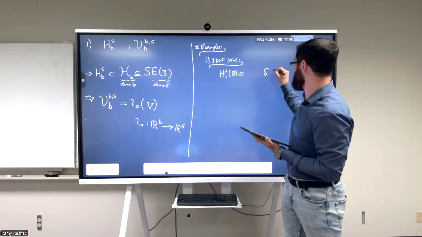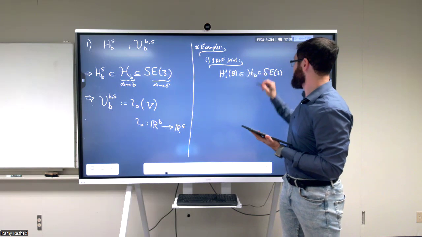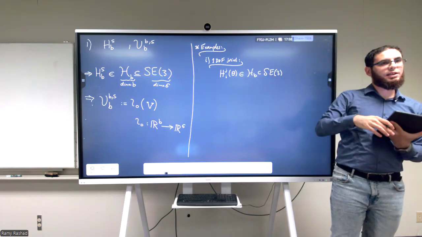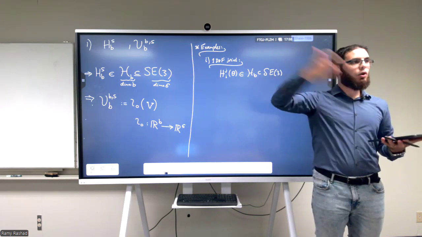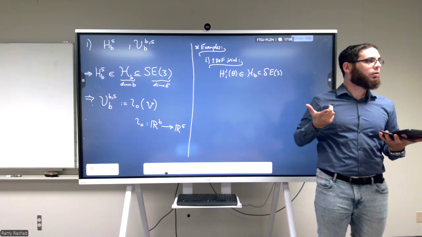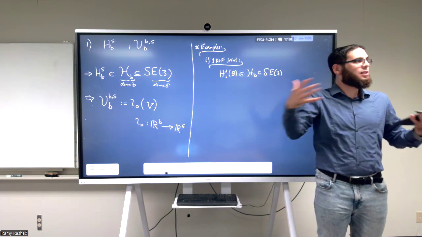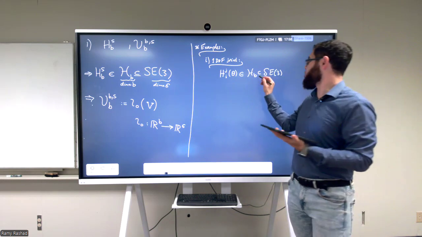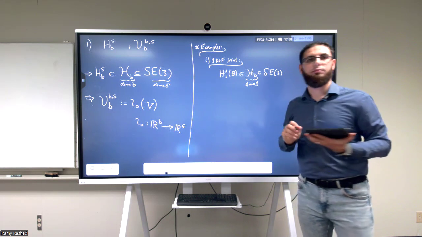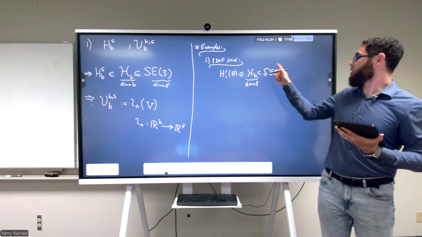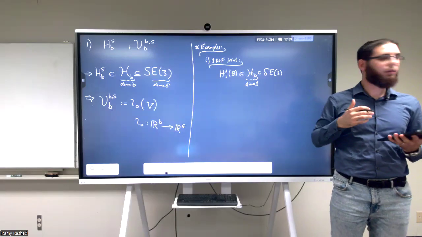No, it lives actually in something that's smaller than SE3, because this was only 1 degree of freedom. So it wasn't any relative pose that was allowed. It was only a particular set. When we have the exponential map, we constrain this set. What was the dimension of H_B in this case? 1. And the dimension of SE3 is 6. So that's the first example.